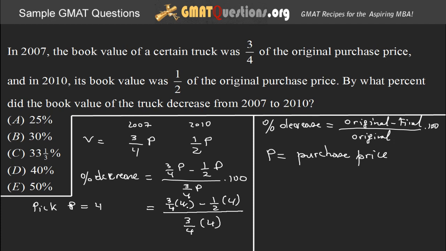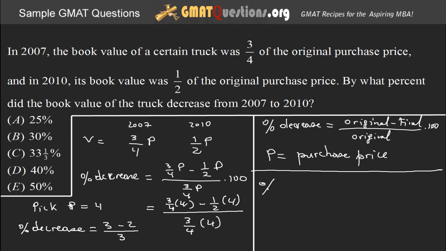Okay? So clearly, the percentage decrease is going to be, what is 3/4 of 4? It is 3 here. This is a 2 over 3. Let's continue here on the right side.